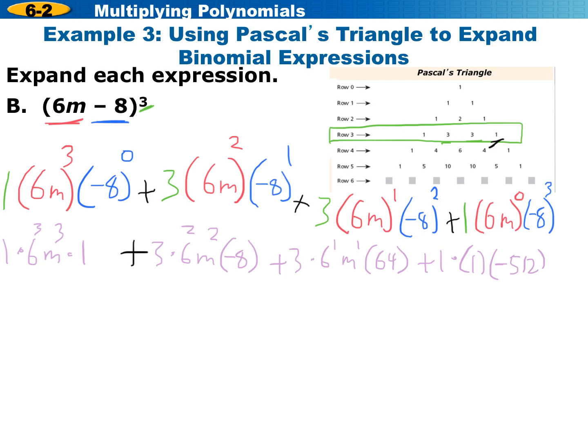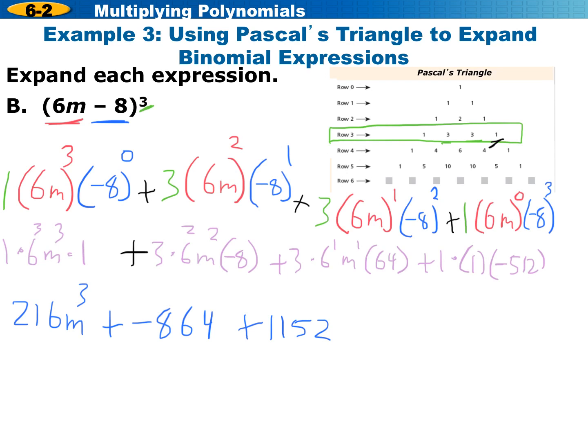6 to the third is 216 times 1 is 216 m to the third plus 3 times 6 squared times negative 8 is going to be a negative 864, plus 3 times 6 times 64, 1152.